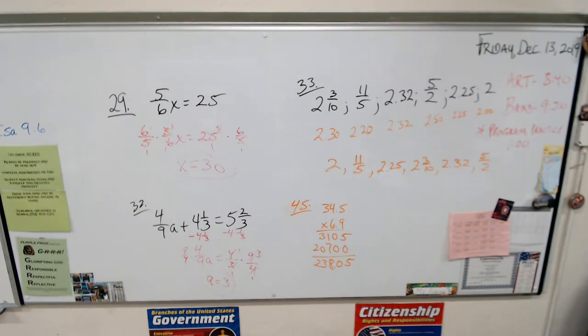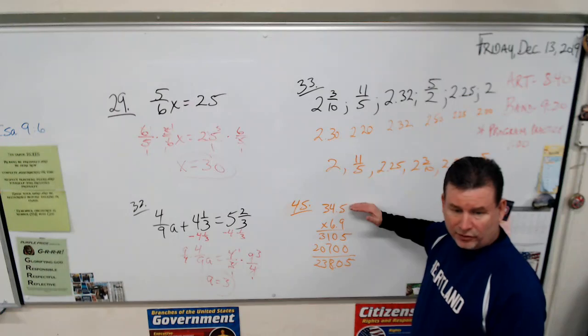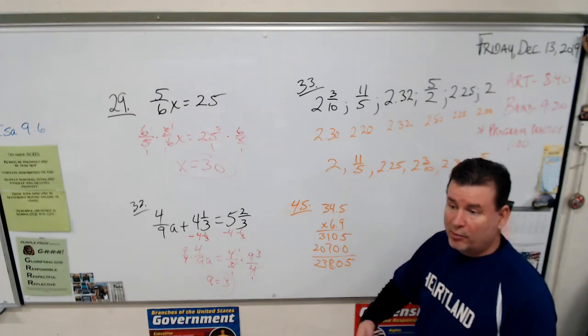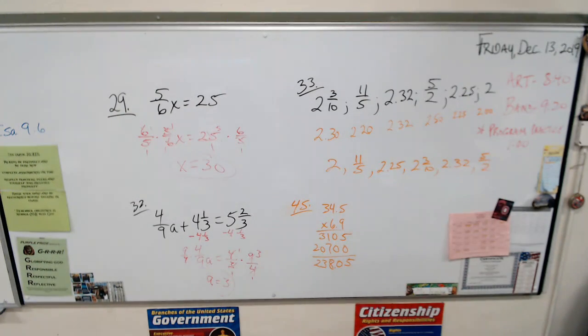Ladies and gentlemen, mic up. When your teacher says ladies and gentlemen, ladies, that means you stop talking. Number 45, you're finding area, you multiply, length times width. Number 46, what do you do there?